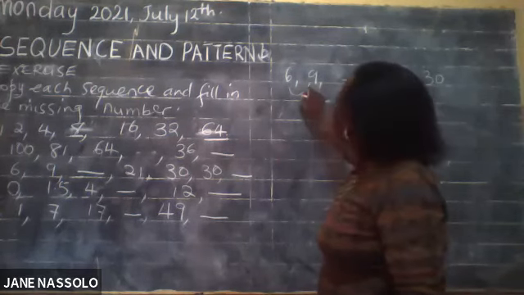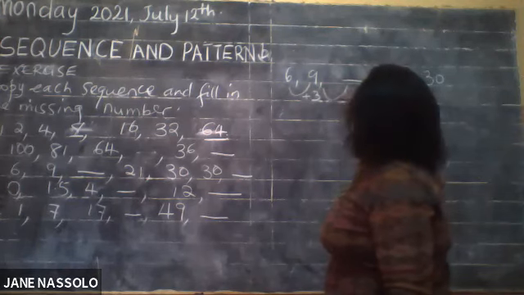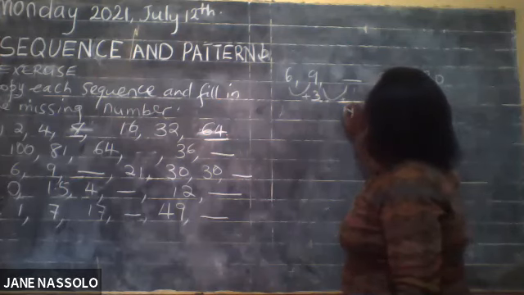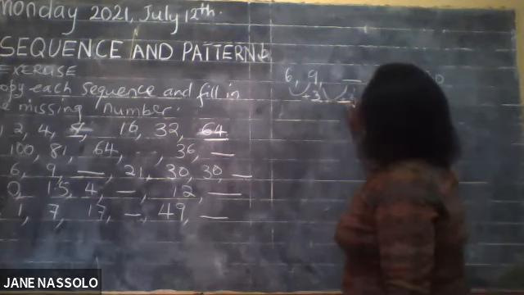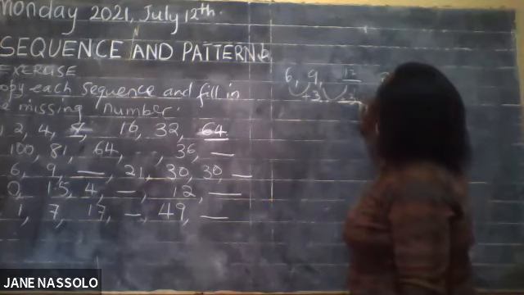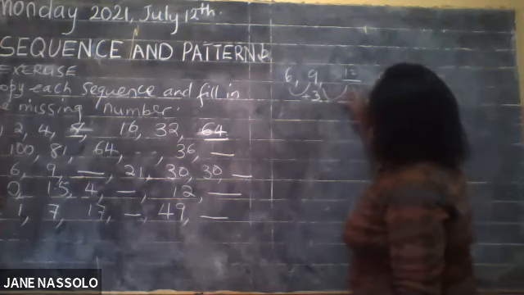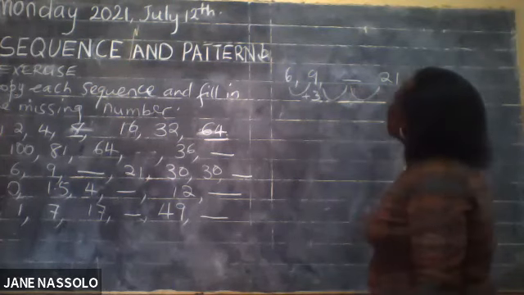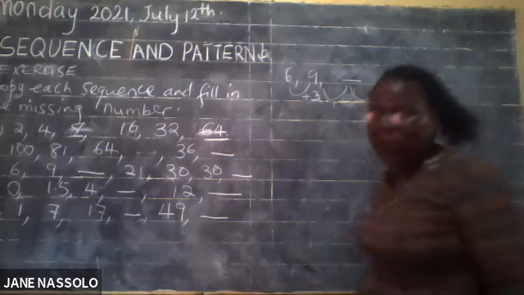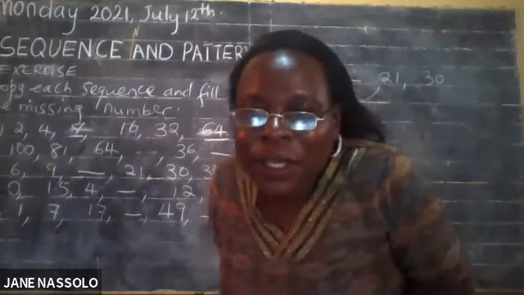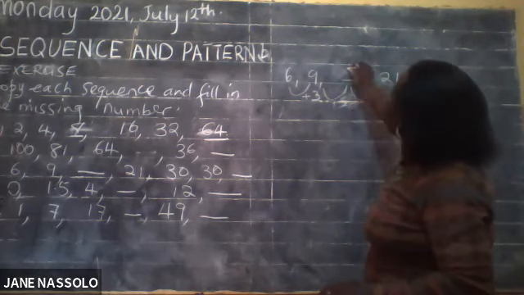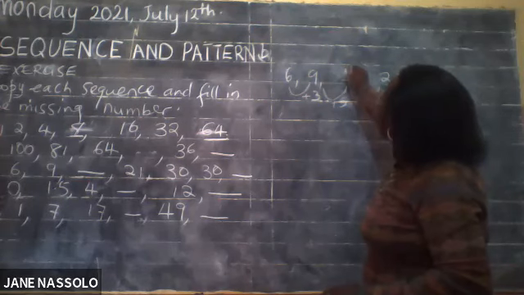So add 3. If we add the next odd number, what do we get? 11.